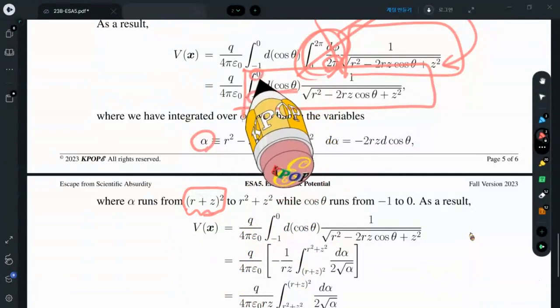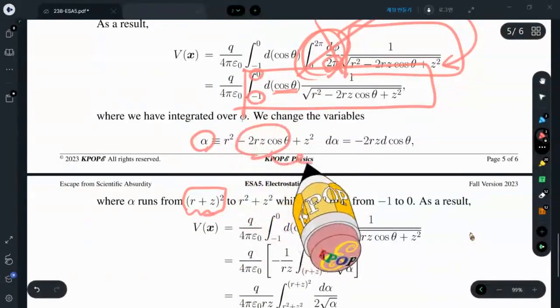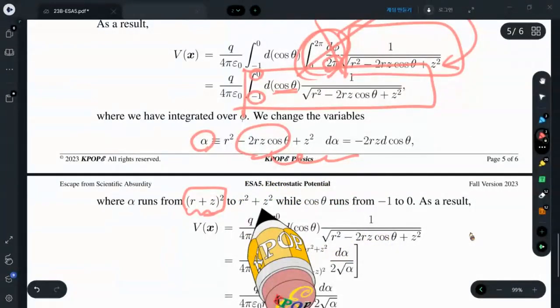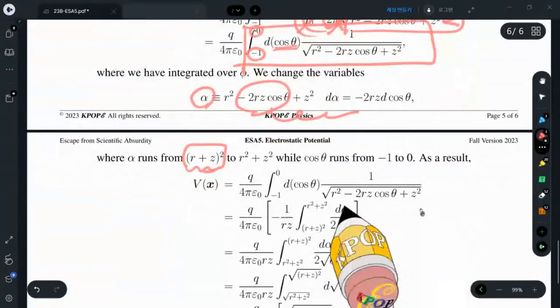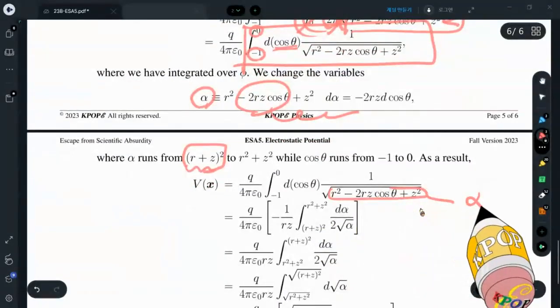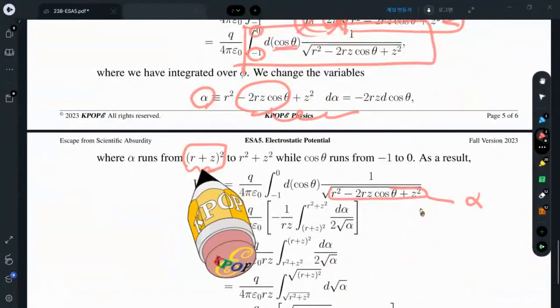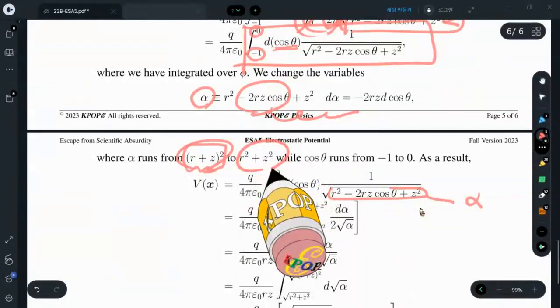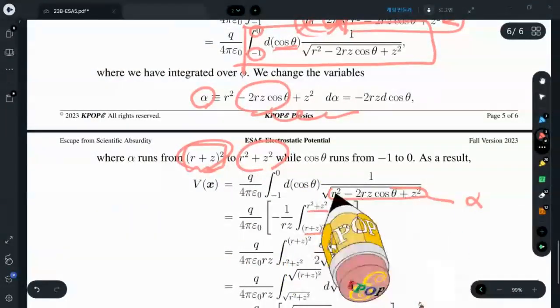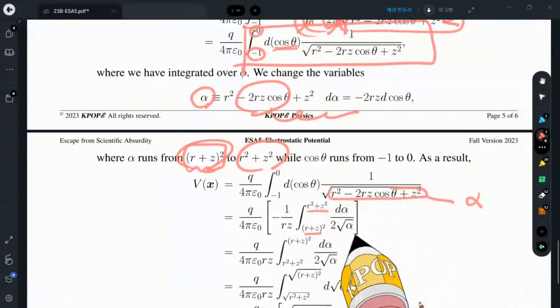When cosine theta becomes 0, this term vanishes, so it is square plus square. Now we rewrite this. This one was replaced with alpha, and alpha runs from here to there. So substitute these values, and it becomes this.